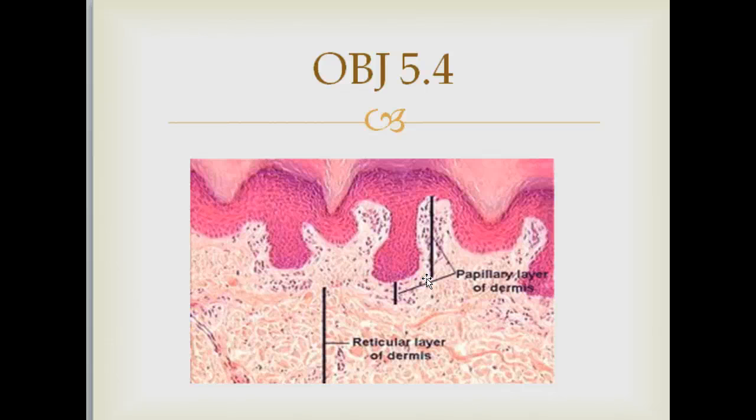Pheomelanin has a yellow to red color, or eumelanin, which is a brown to black color, and that is found in hair. So when you're combing your hair, brushing your hair, and you see the hair in the brush, you're looking at a eumelanin type of melanin, because that's why that hair is brown to black.